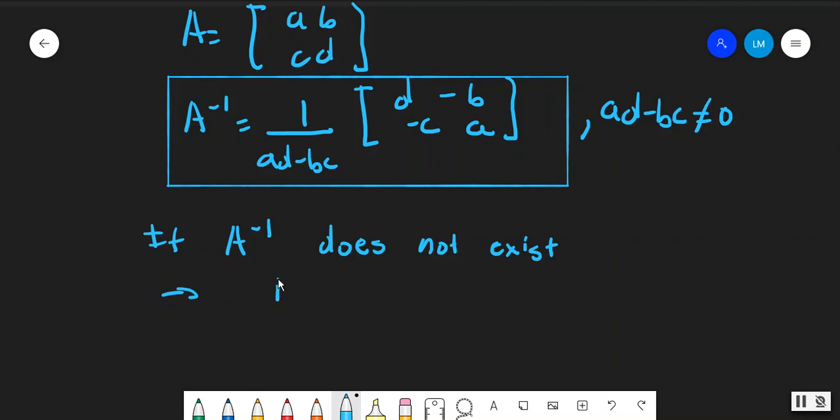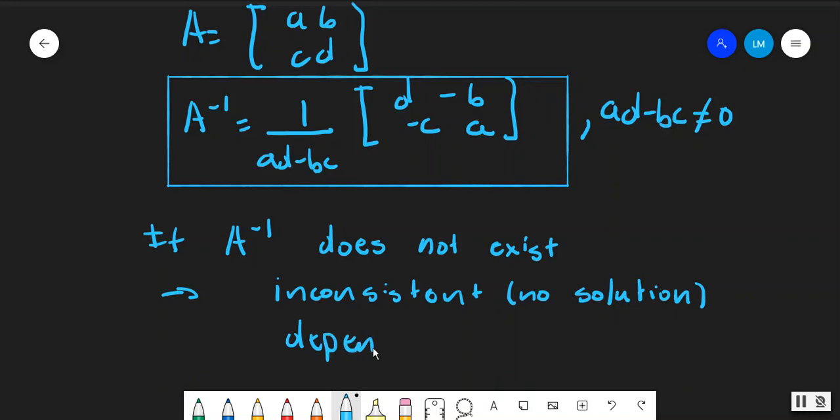You either have an inconsistent system, which means basically no solution, or you have a dependent system, which means that there are actually infinitely many solutions. So that's kind of interesting, that if the inverse doesn't exist, those are the possibilities.